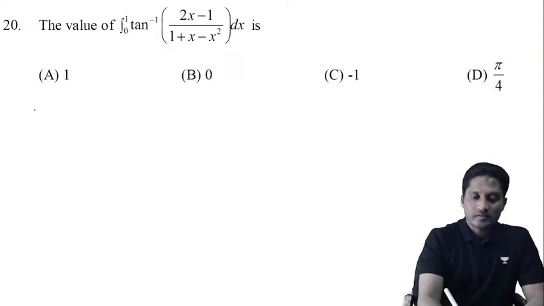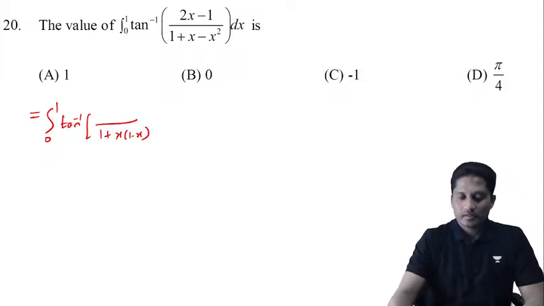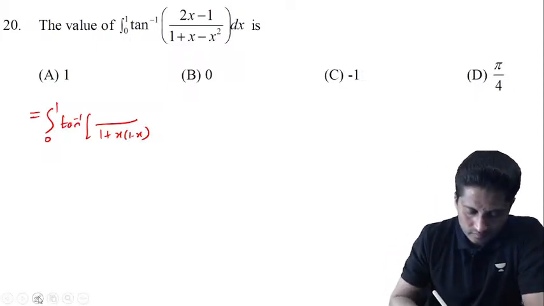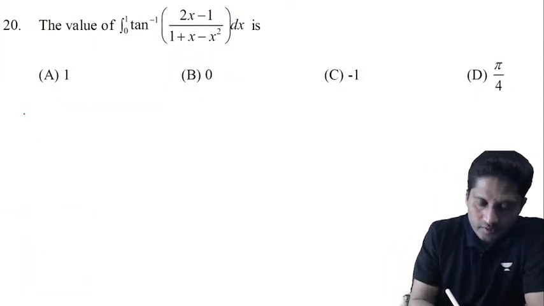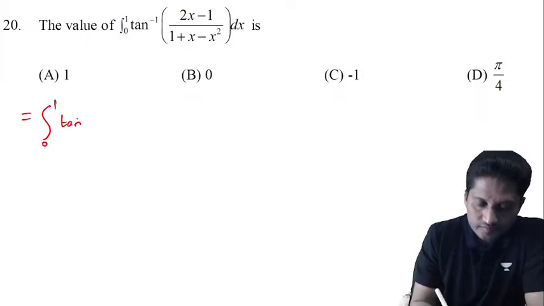This is 0 to 1, tan inverse of 1 plus x into 1 minus x. Zero to 1. This is tan inverse of 1 plus x into 1 minus x.